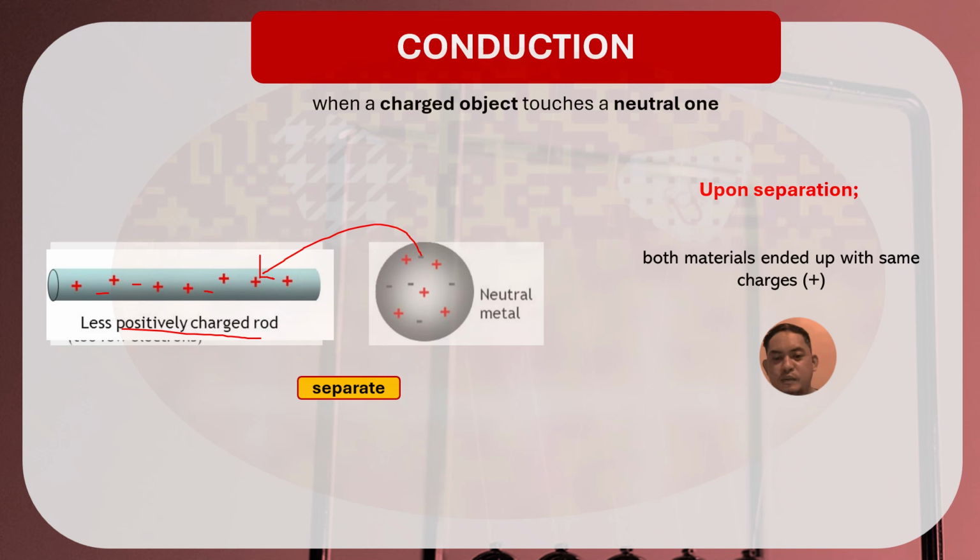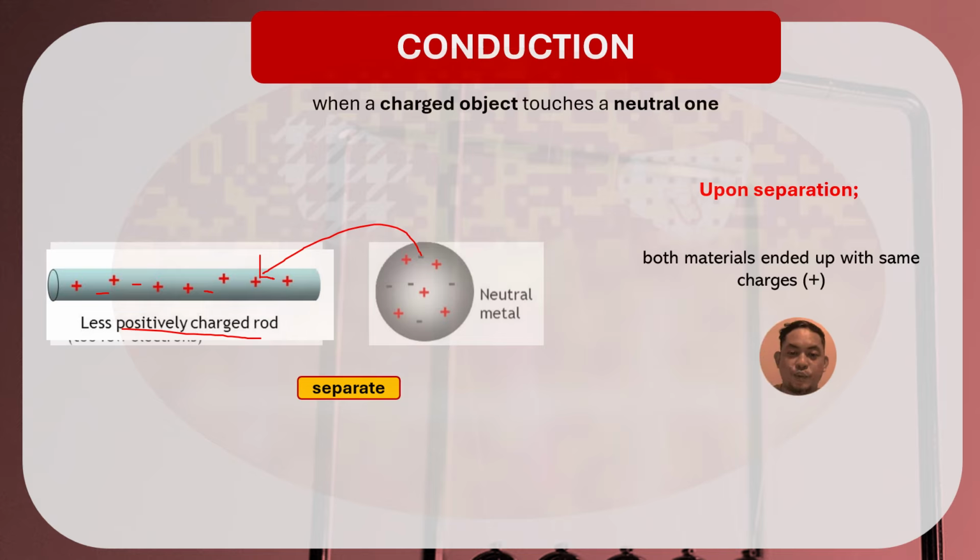Now, since the neutral metal lost some of its electrons, it will have more positive than negative charge, because the negative charge was transferred to the rod.